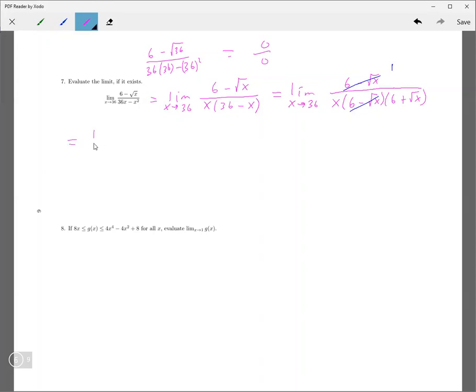So you get the limit as x approaches 36 of 1 over x times 6 plus the square root of x. Then you just plug in 36 into here and there.